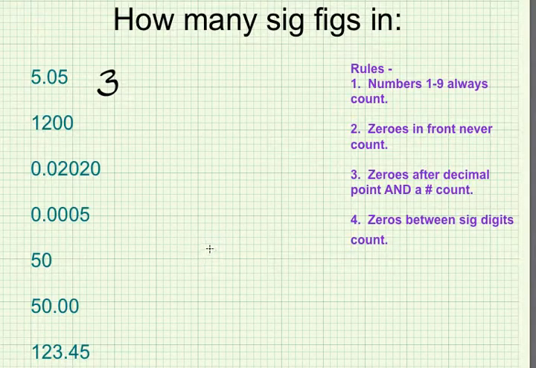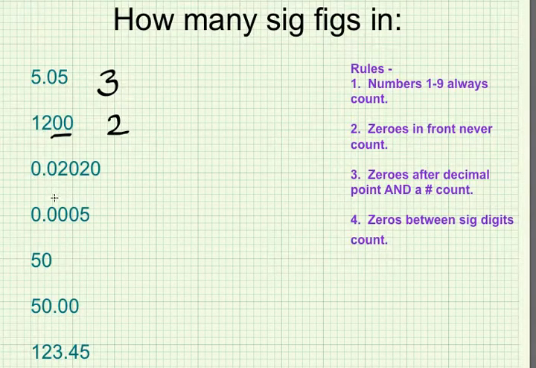We know the 1 and the 2 count due to rule 1, but we've got these 2 zeros. These 2 zeros are to the left of a decimal, but to the right of a digit. So those 2 are not significant. They are placeholders. It's simply telling us how large the number is. This one is going to have 2 significant figures.